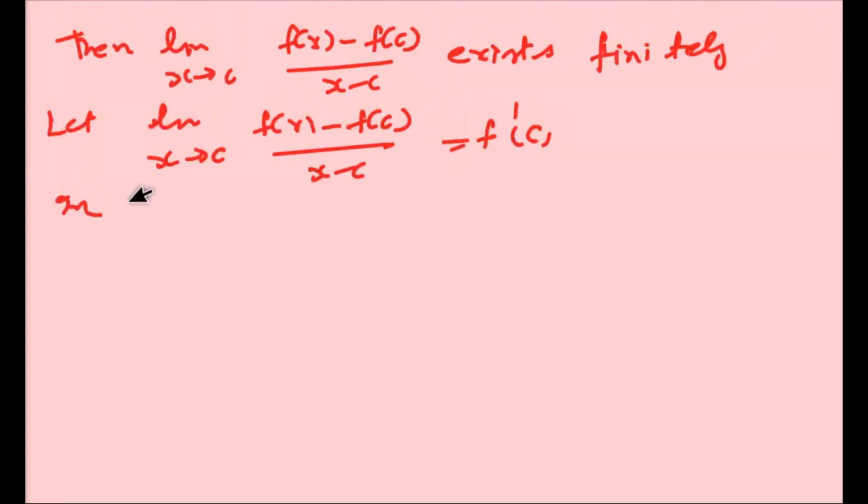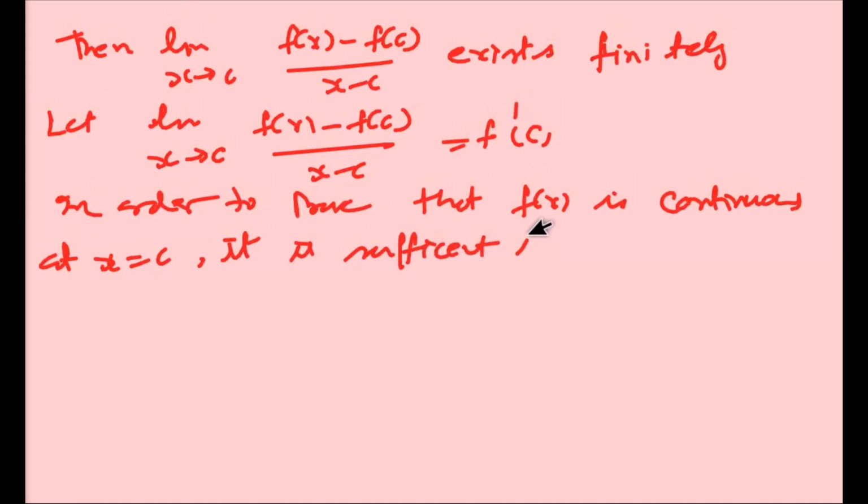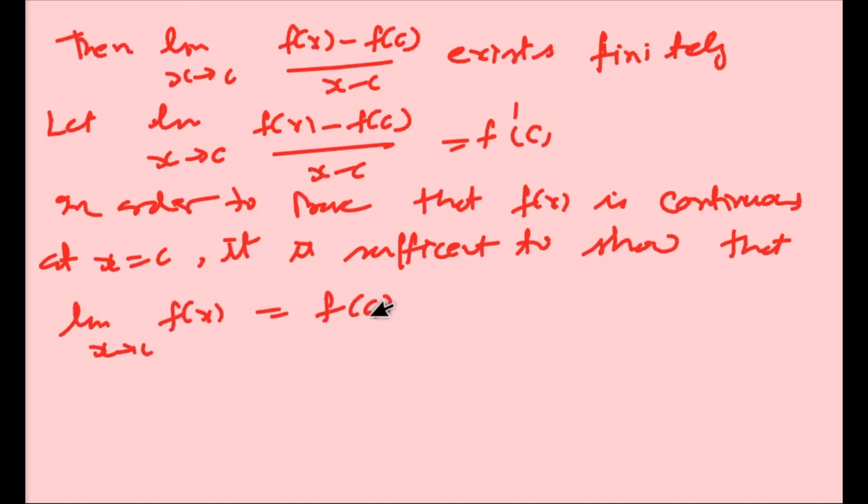So in order to prove that f(x) is continuous at x equal to c, it is sufficient to show that limit f(x) should be equal to f(c).